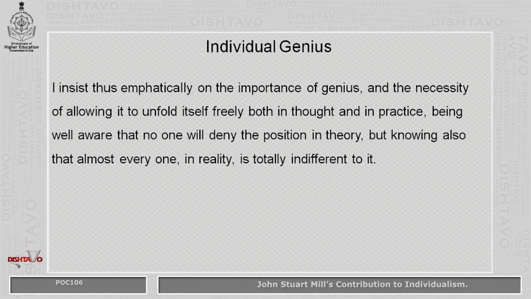The last thing that I am going to talk about is individual genius. J.S. Mill writes, I insist thus emphatically on the importance of genius and the necessity of allowing it to unfold itself freely, both in thought and in practice, being well aware that no one will deny the position in theory, but knowing also that almost everyone in reality is totally indifferent to it.